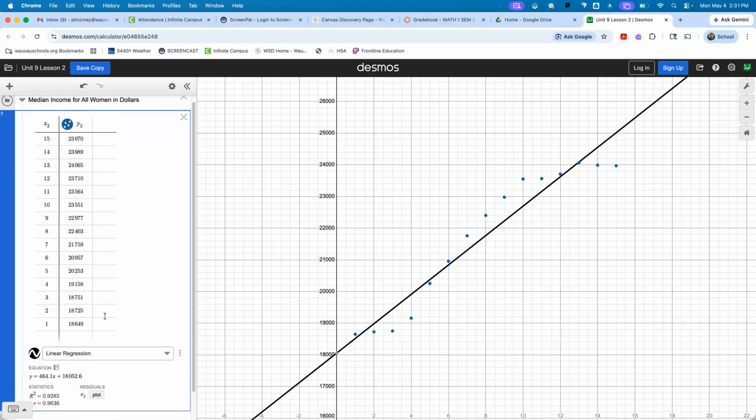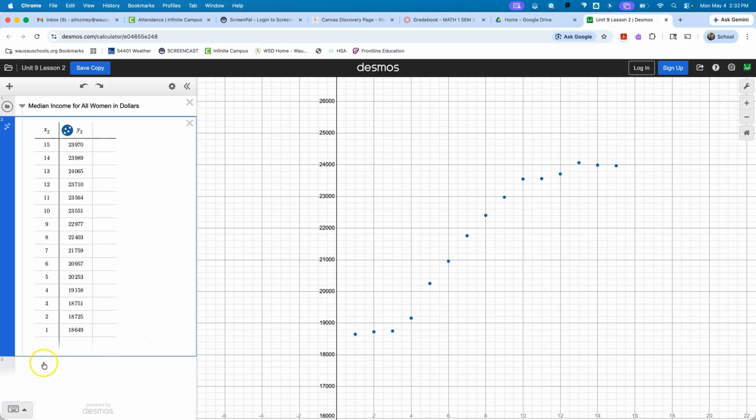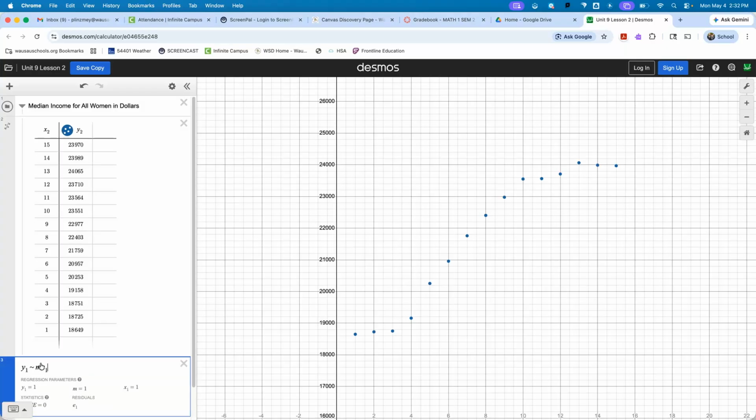The other way of doing it, and I'll show you both here momentarily, is how I showed you the other day on Thursday when we said y sub 1, and then we used that tilde, and then we went mx sub 1 plus b.